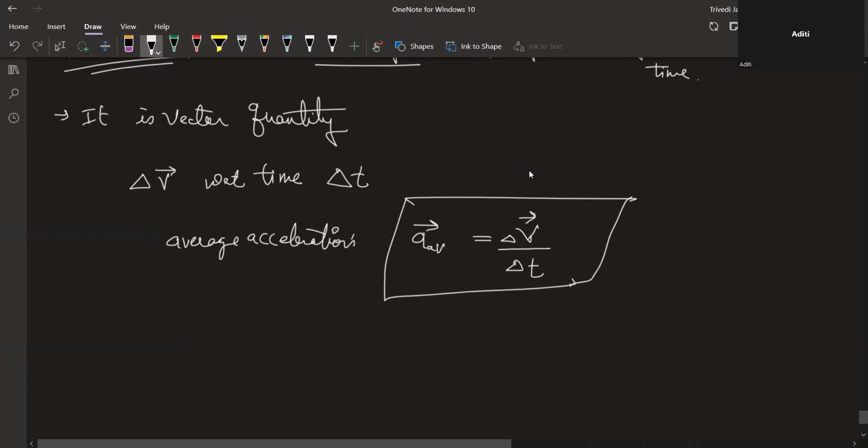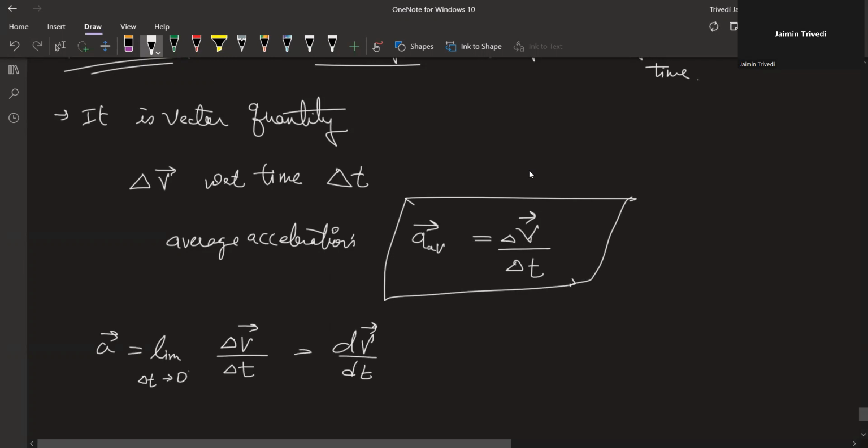It's dv by dt. Here we find some average value of delta v by delta t, so instantaneous means dv by dt, the limit as delta t tends to 0 of delta v by delta t equals dv by dt.